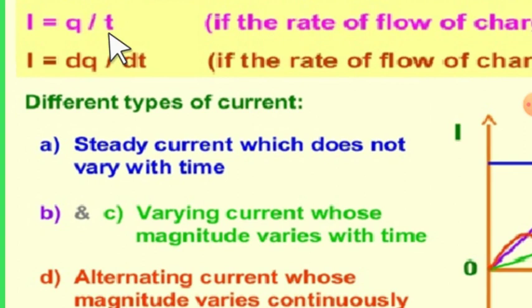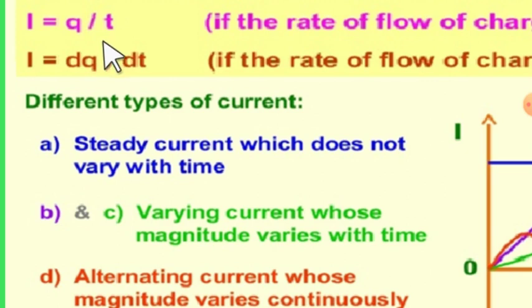So in the case of steady current, you can express this current I as charge divided by time. So if time is in the denominator, we generally define current as rate of flow of charge, right?